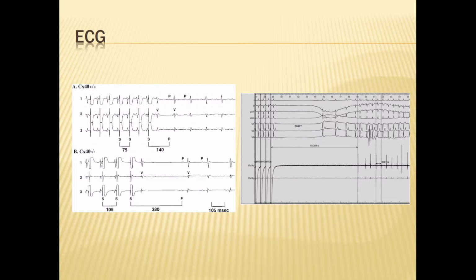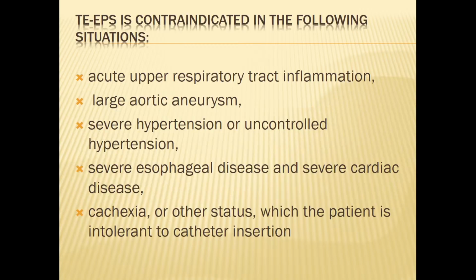So we can use esophageal stimulation for diagnosis of sick sinus syndrome. It is contraindicated in the following situations: acute upper respiratory tract inflammation, large aortic aneurysm, severe or uncontrolled hypertension, severe esophageal disease and severe cardiac disease, cachexia or other status in which the patient is intolerant to catheter insertion.